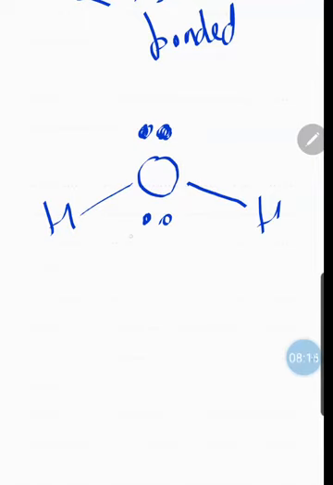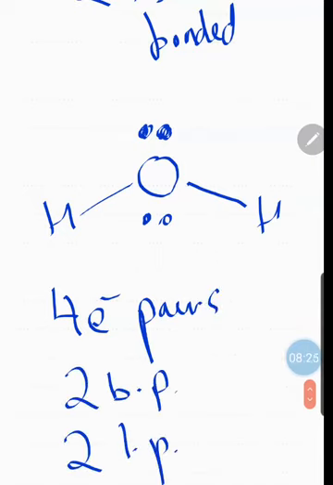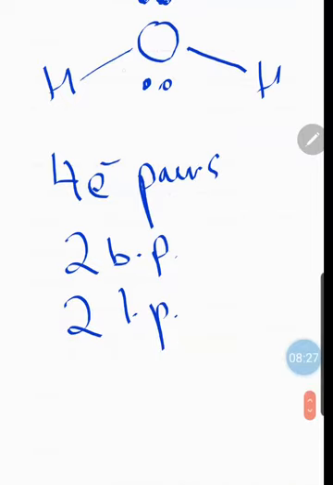In total, there are still 4 electron pairs. However, 2 bonding pairs and 2 lone pairs. So the bond angle this time is 104.5, and the shape is V-shaped. You can call this angular, you can call this bent.